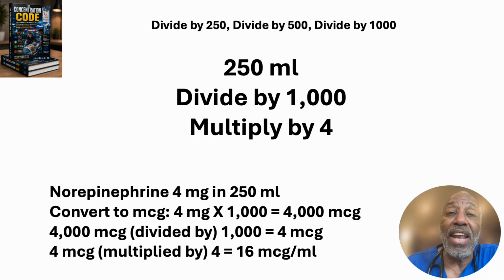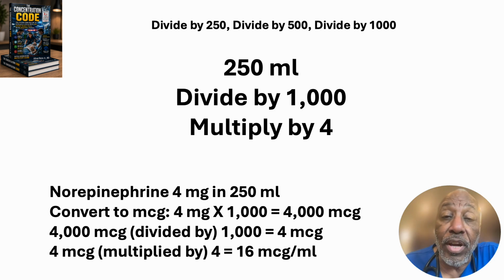So instead of dividing by 250 directly, you divide by 1,000 first and then multiply by 4. That 2-step process is almost always faster than direct division because dividing by 1,000 is trivial and multiplying by 4 is simple.